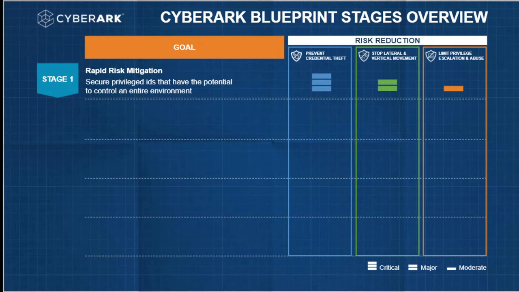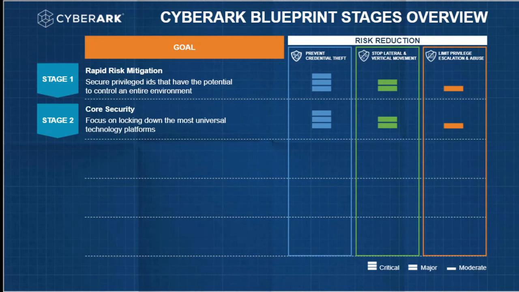A common start point is securing domain admin and AWS/Azure admin accounts by isolating and analyzing sessions, rotating passwords, and applying MFA for strong authentication. Often, we'll leverage our C-Cubed Alliance integrations to remove hard-coded credentials from third-party security solutions such as vulnerability scanners.